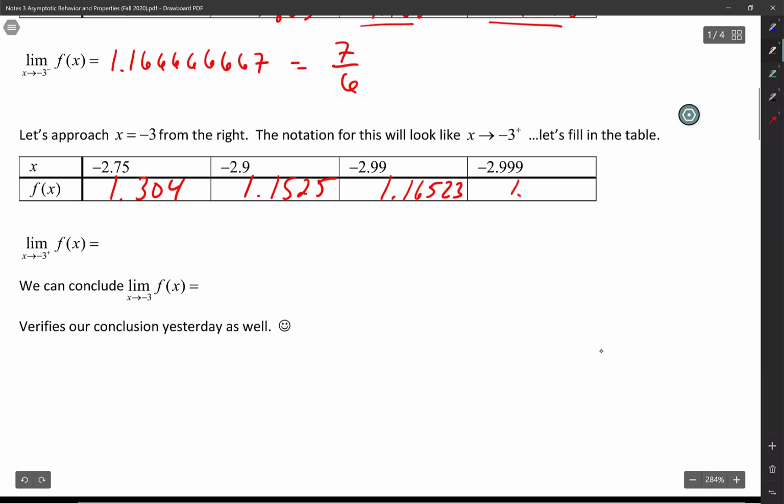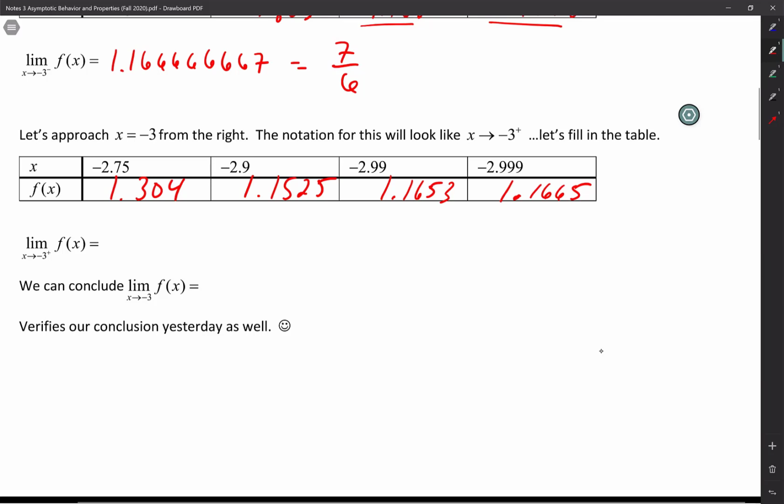And then this one's 1.1665. And you can see again, guys.